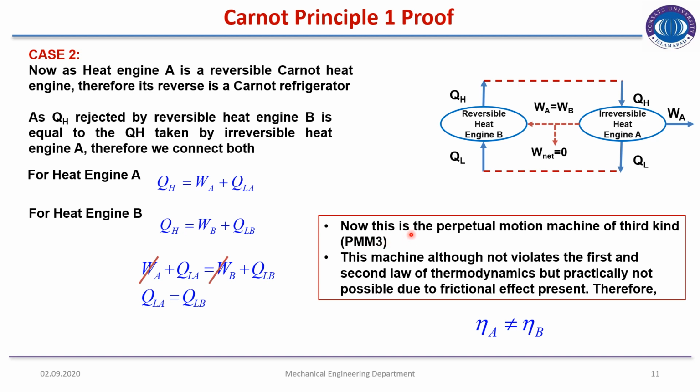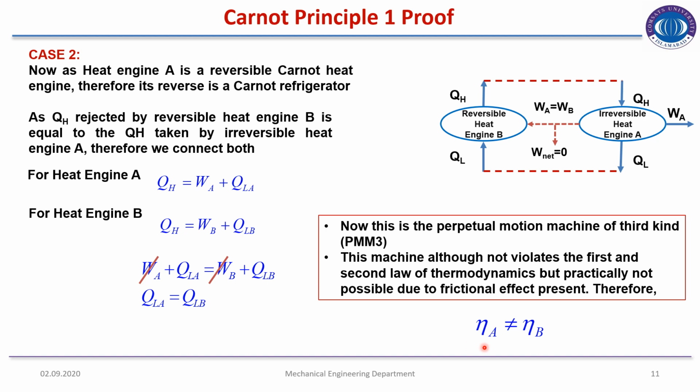Now this phenomenon becomes, as you can see in this schematic, the perpetual motion machine of third kind, PMM3. This machine, although it does not violate the first and second law of thermodynamics, is practically not possible due to the frictional effect present.